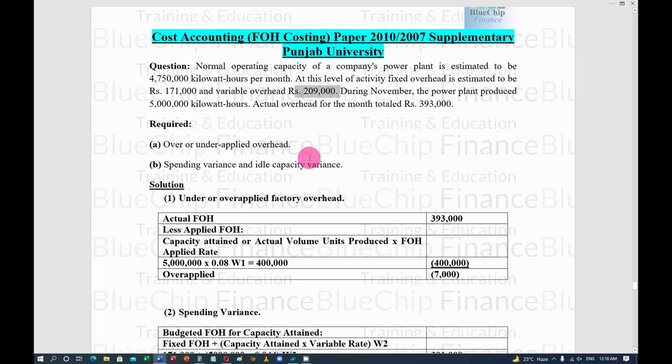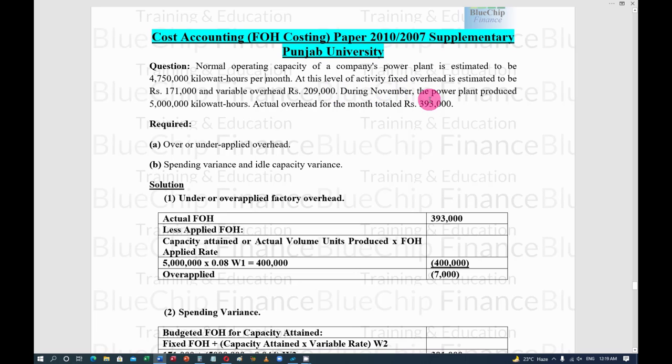So you can say that 47,50,000 kilowatt hours per month is your budgeted capacity, at which level of budgeted activity your budgeted fixed overhead is 171,000 and your budgeted variable overhead is 209,000.